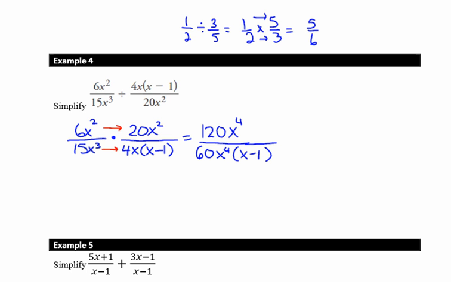So what can reduce out? It's a little simpler to see now. Yeah, because we add the powers. Yes, it's x cubed times x, because x cubed is this times an x to the 4.